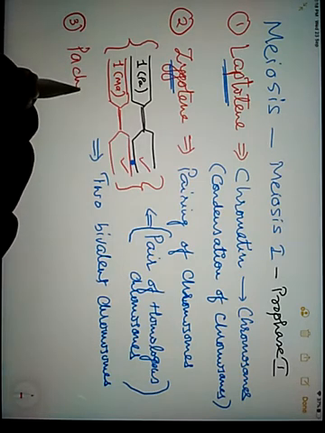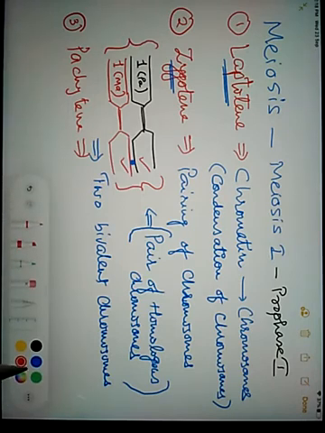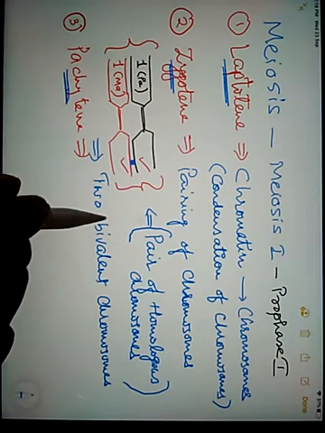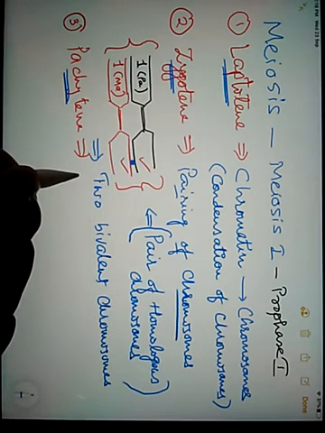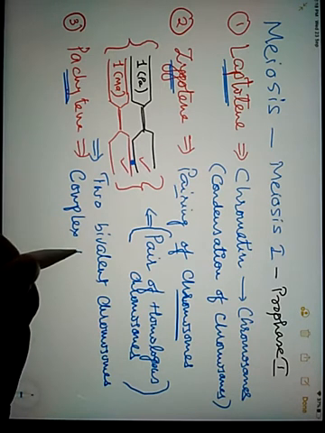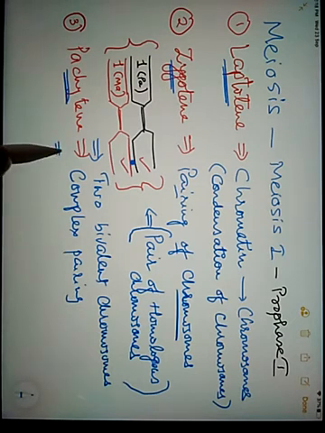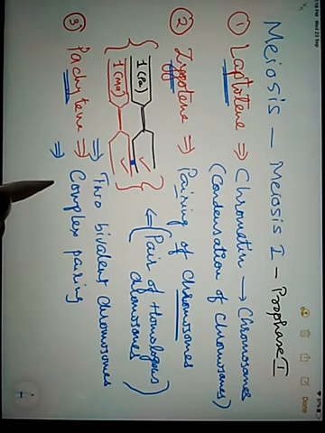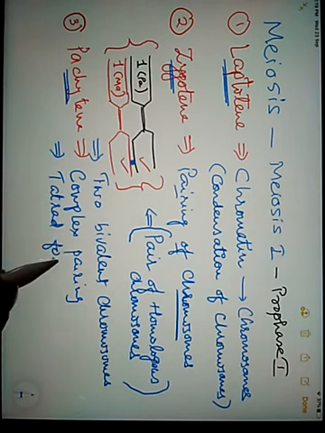Pachytene is the next stage, where if you see, chromosome pairing here is becoming more complex. So complex pairing. Now the second important phenomenon which is happening is becoming tetrad. Why tetrad formation?